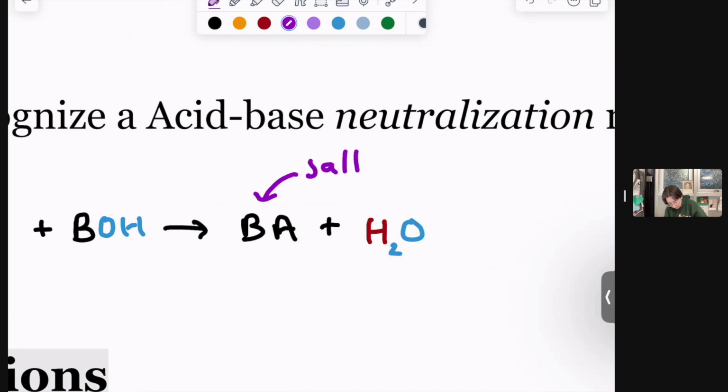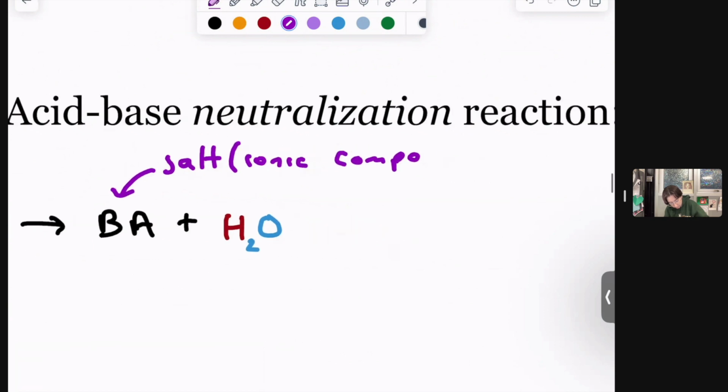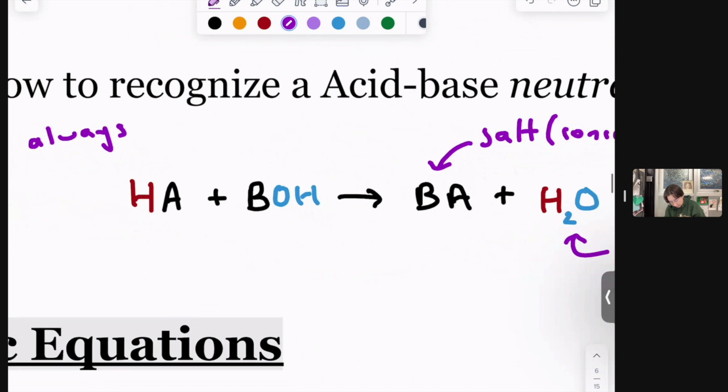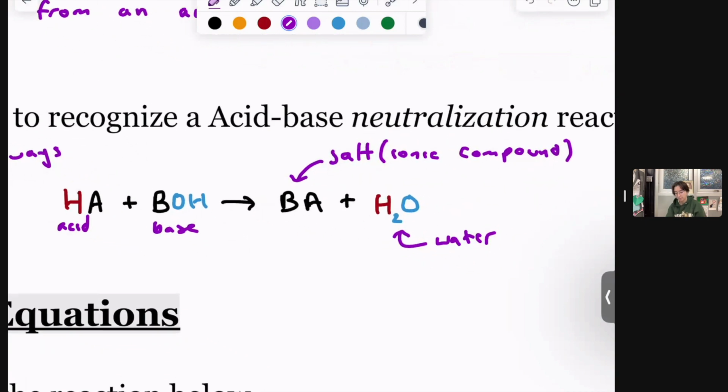Again, when I say salt, that just means ionic compound. So this is how we recognize this one, looking for those two specific products, salt and water.